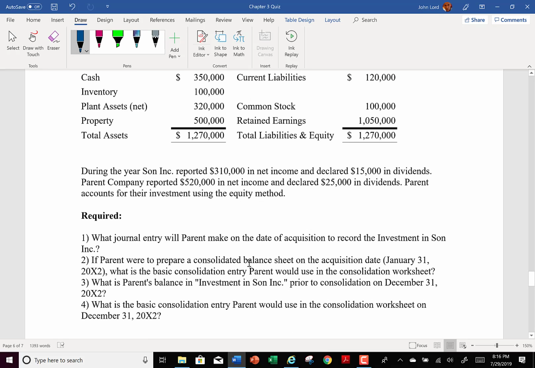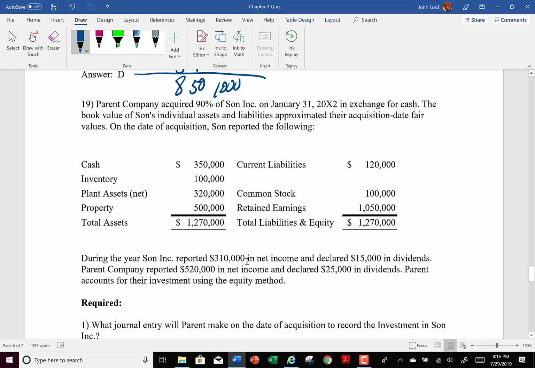Now, they come in and they say, what journal entry will parent make on the date of acquisition to record the investment in Sun Inc.? And they tell me that they acquired 90% of Sun Inc. on January 31st, 20X2 in exchange for cash. The book value of Sun's individual assets and liabilities approximate their acquisition date fair value.